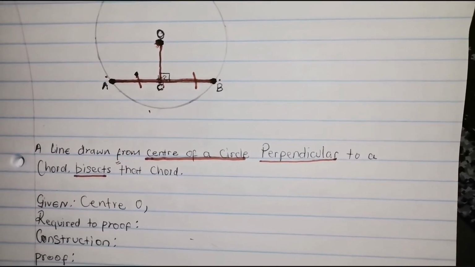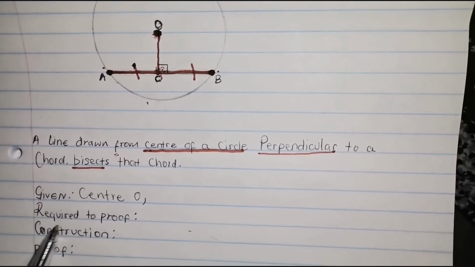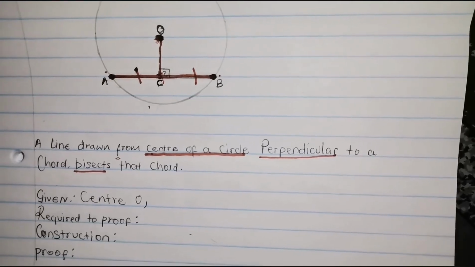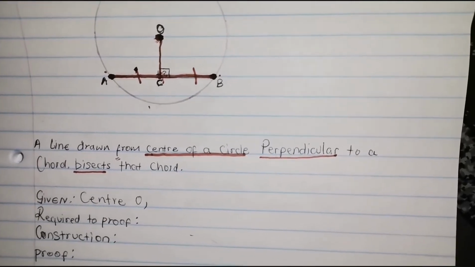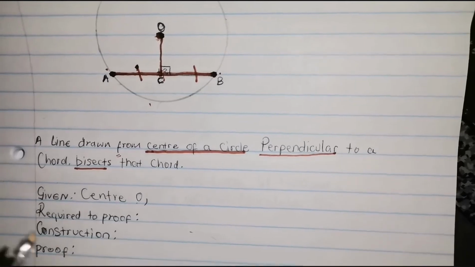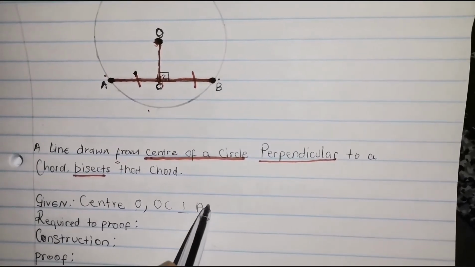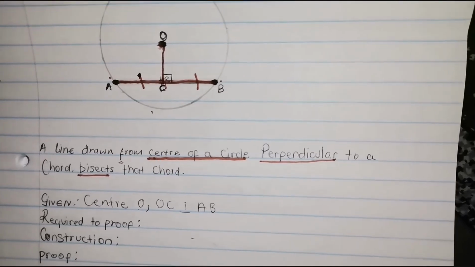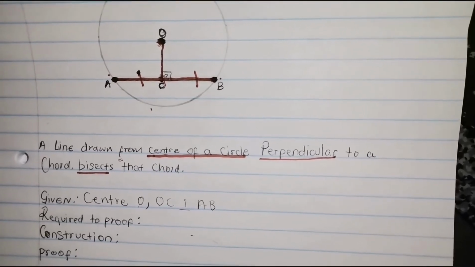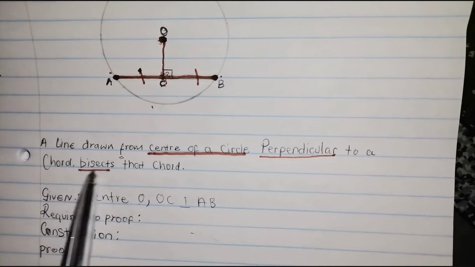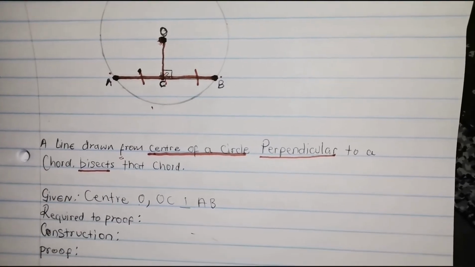So don't be confused when I talk about given, required to prove, construction, and proof. I'll explain as we proceed. We have center O, and we are given that OC is perpendicular to AB. Then we are required to prove that this line bisects the chord.